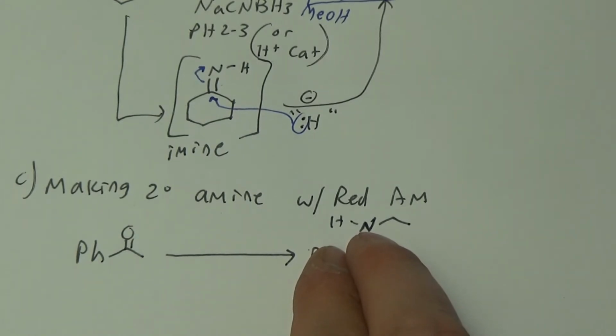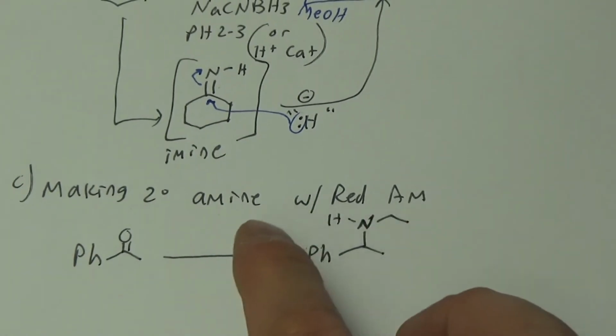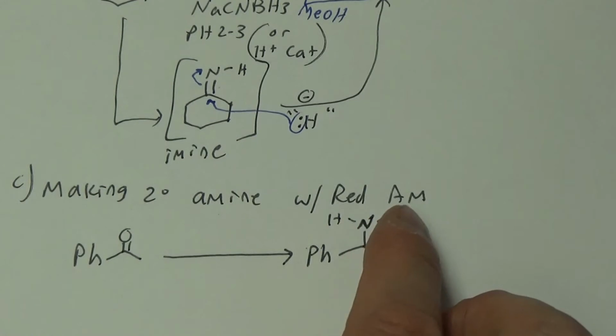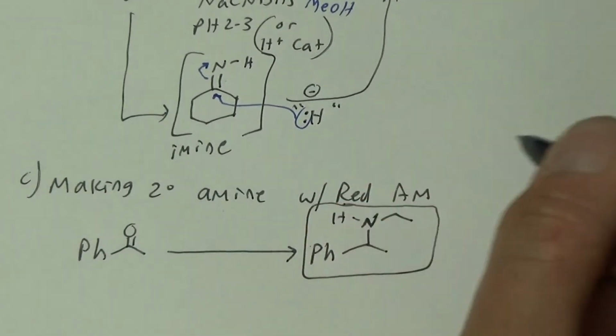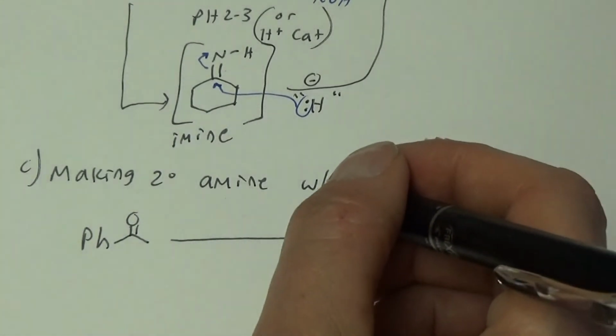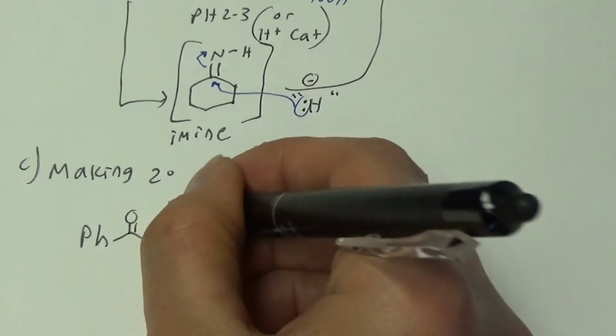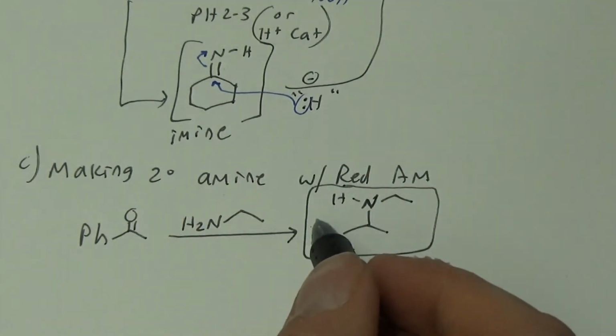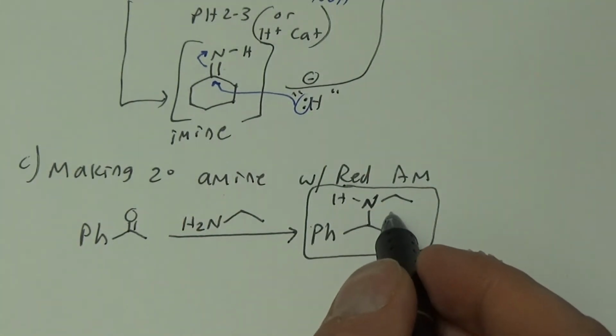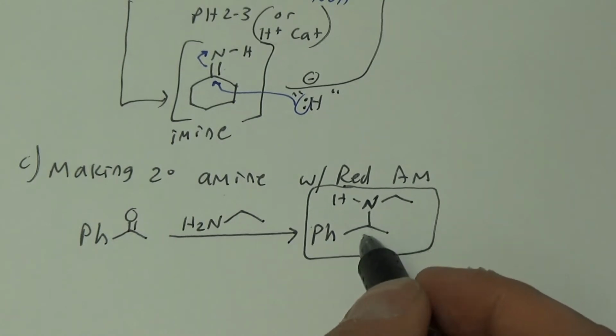Looks like a primary amine. It's ethylamine. So a primary amine in will make a secondary amine out. That's what I'm trying to show. The amine we're going to use now is a primary amine, and the product will be a secondary amine, because of course there's 2 carbons on the nitrogen.